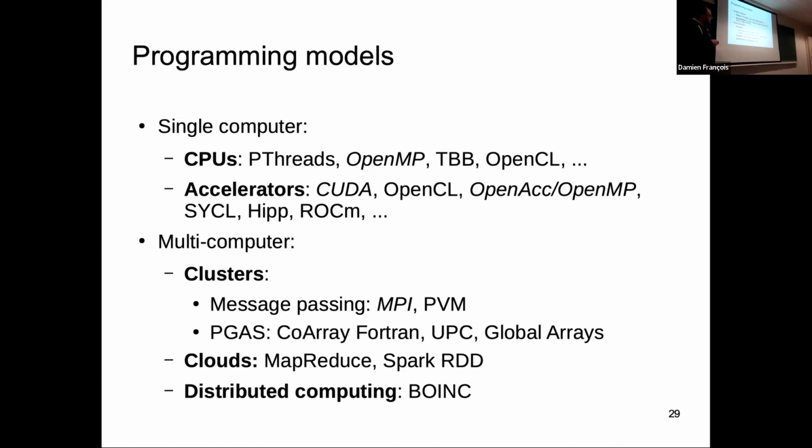In italics are the tools that will be the topics of next sessions, like OpenMP and MPI. If you work only on a single computer, you can use pthreads, OpenMP, Thread Building Blocks, or OpenCL to write programs that use multiple cores or multiple CPUs on the same node to work in parallel. If you are working with GPUs, there are even more possible solutions.